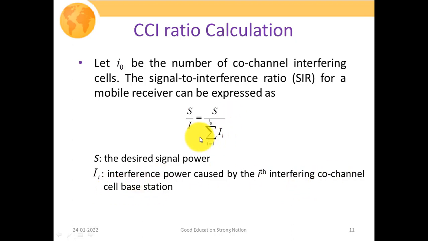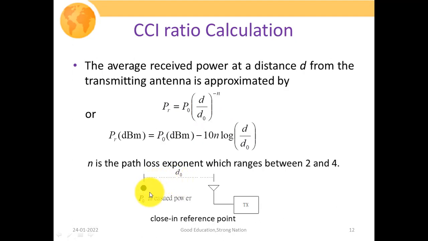If we sum up all the other base stations which contain the same frequency bands, they provide some interference, and the total interference power can be evaluated by summing up all those co-channel cells. This figure shows a transmitter transmitting with a certain amount of power, and at a close-in reference distance d0 we observe the measured power P0.